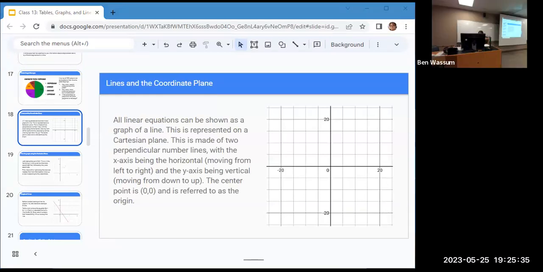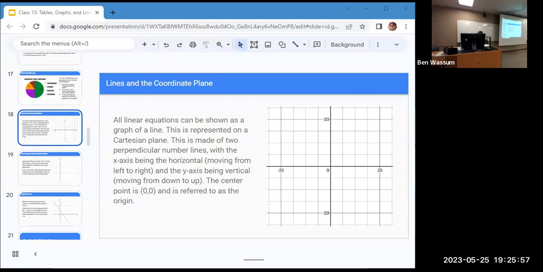So all linear equations can be shown as a graph of a line. Makes sense? Represented on what's called a Cartesian plane. So you have that flat plane, and then you have the axes. So across the horizontal, so left and right, that's the x-axis.